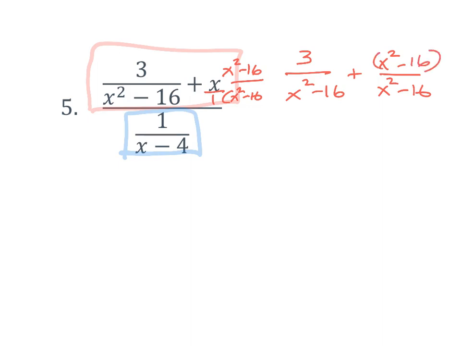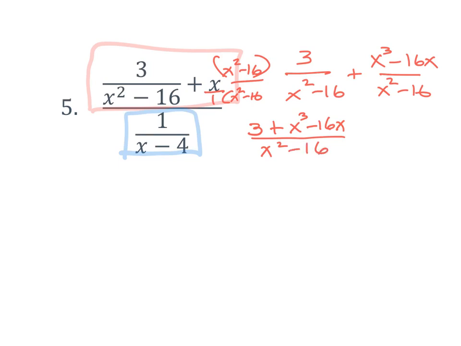And actually, let me distribute it. I'll do it right here. So I'm going to distribute x to the x squared minus 16. And I'm going to make it x cubed minus 16x. All right, now I'm going to add my numerator. So I get 3 plus x cubed minus 16x over x squared minus 16.